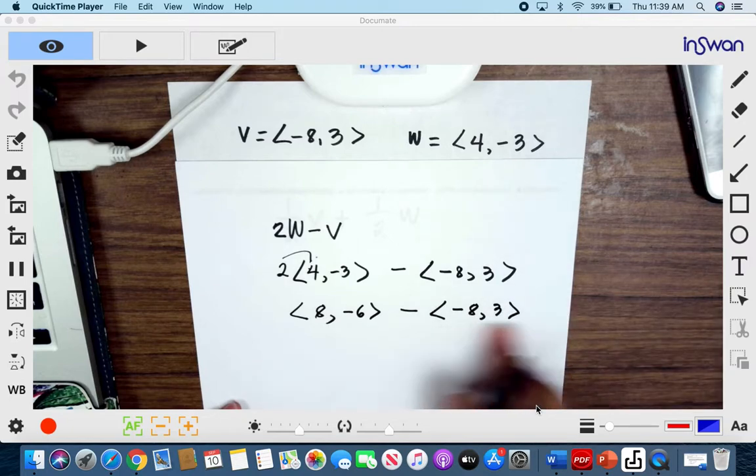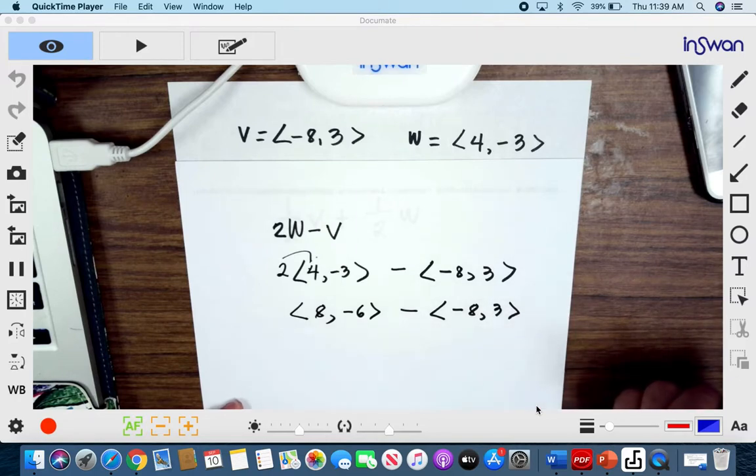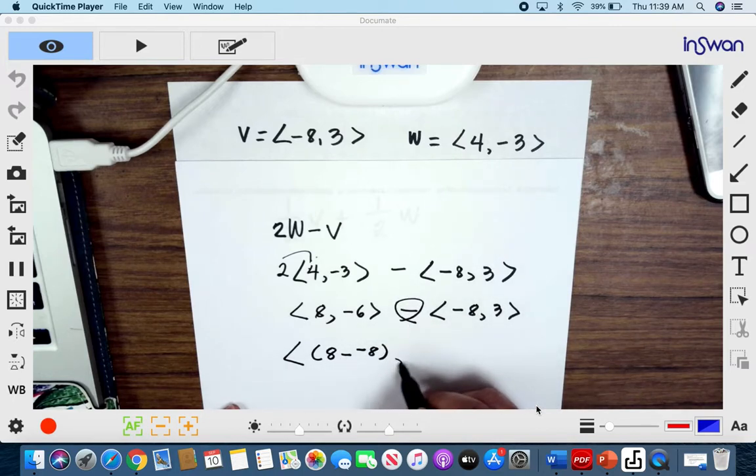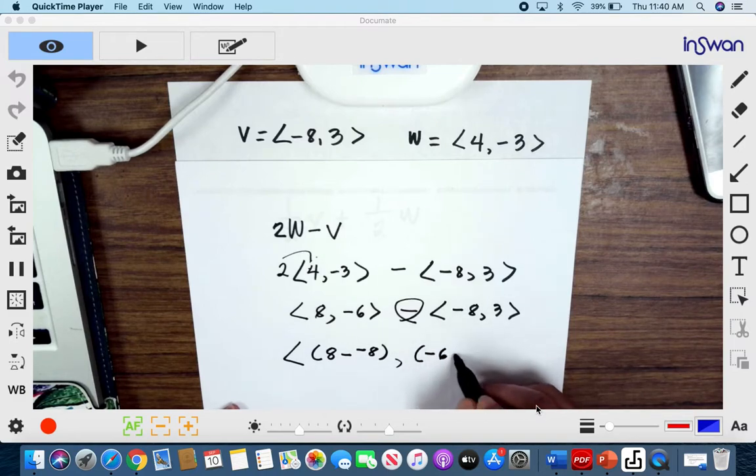Now, it's either you change the signs of this and then you add, or you directly perform subtraction. It doesn't matter. So this now becomes 8 minus -8 because we're doing the operation subtraction, comma. Now we will go to the y. That's -6 minus positive 3.